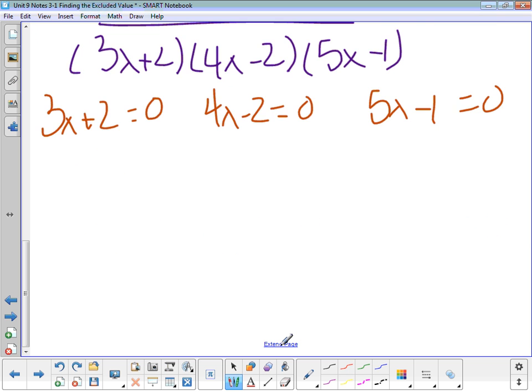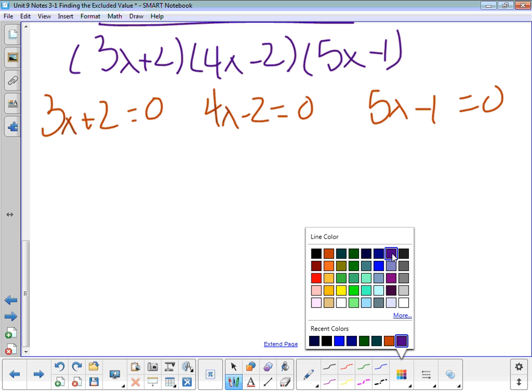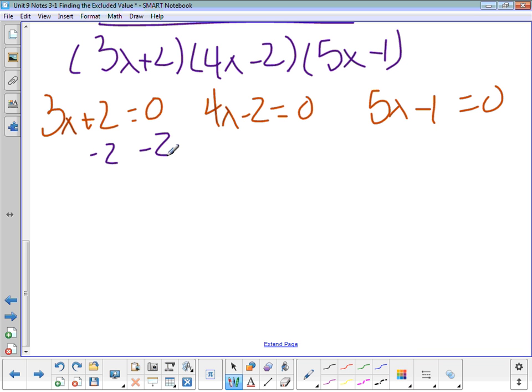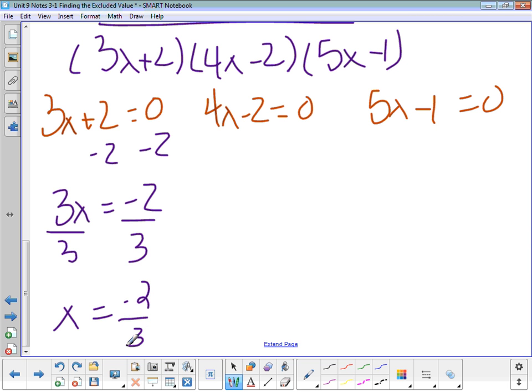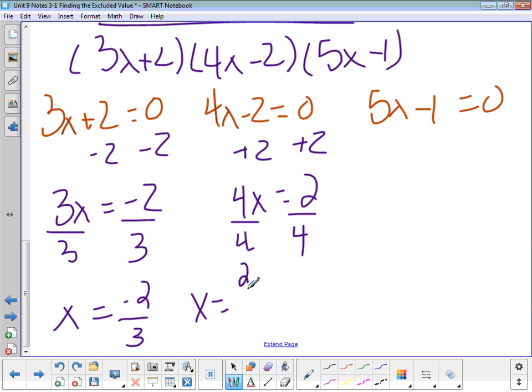Let's solve these equations. We subtract 2 from both sides, and we get 3x is equal to negative 2. Divide both sides by 3, and we get that x is equal to negative 2/3. Here, we add 2 to both sides. 4x is equal to 2, divide both sides by 4, and we get x is equal to 2 over 4, which is the same as 1/2.